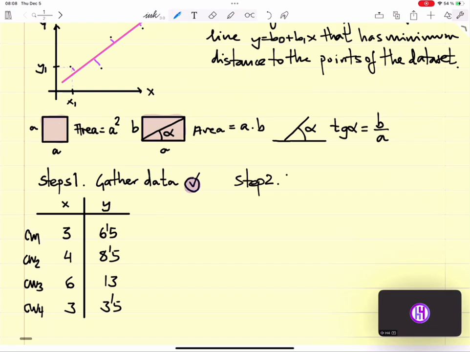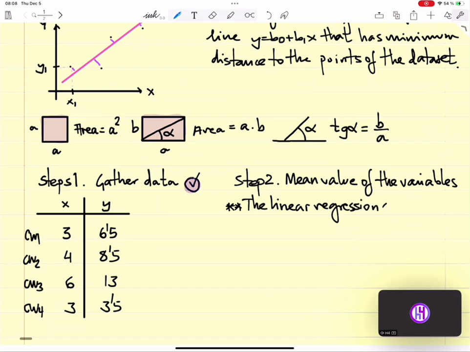You need to find the mean value of the variables, because the linear regression crosses the mean value, meaning that the mean fulfills the equation of the line. This is important.